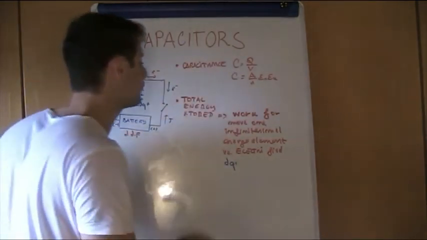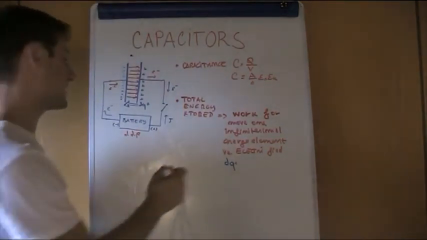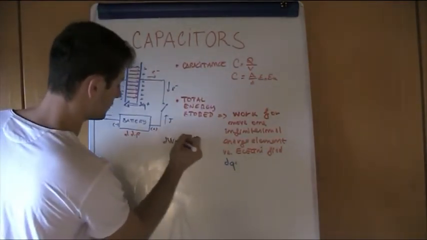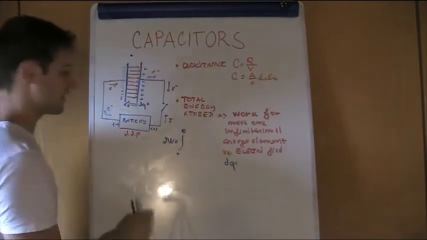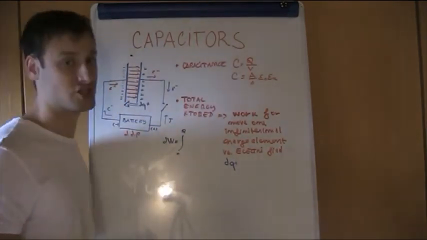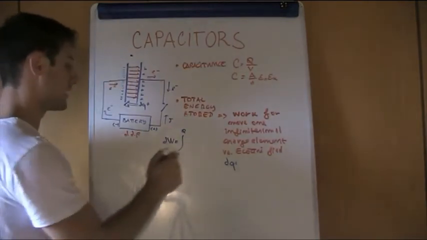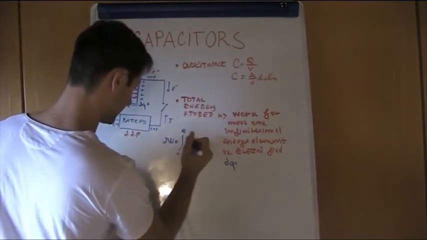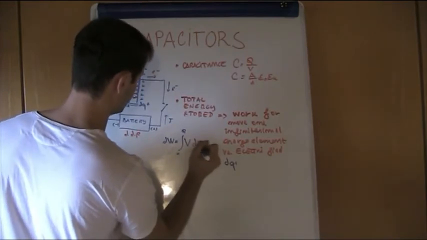And in particular, from a mathematical point of view, we can say that the infinitesimal work is equal to the integral between 0 and the total amount of charge at full charged capacitor of the voltage, obviously, and dq.